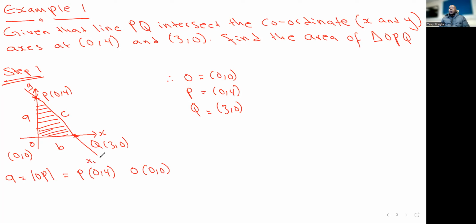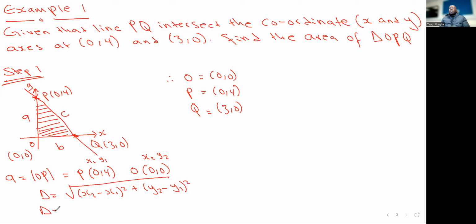So we use the distance formula to find the distance here. This is x1, y1, and this is x2, y2. The distance formula is equal to the square root of x2 minus x1 squared plus y2 minus y1 squared.